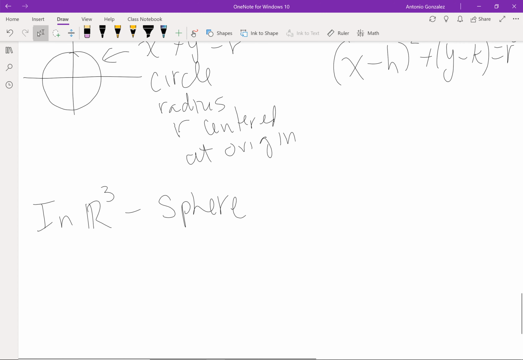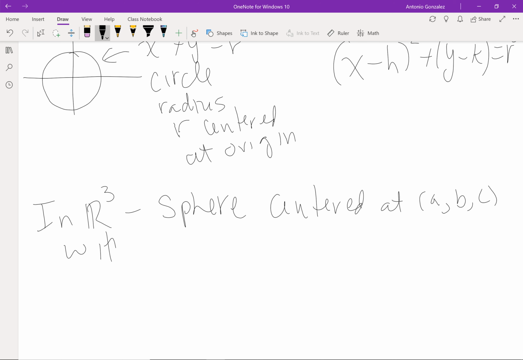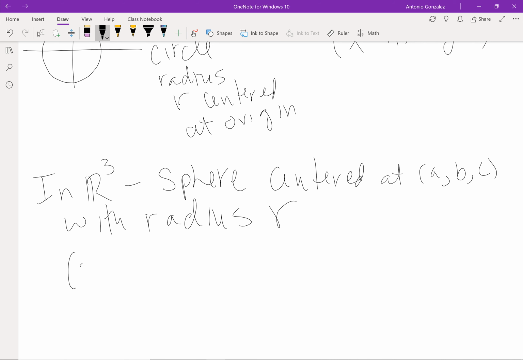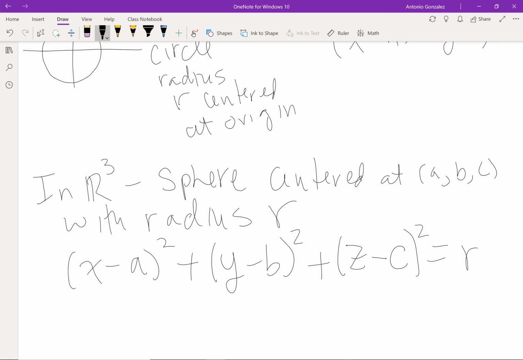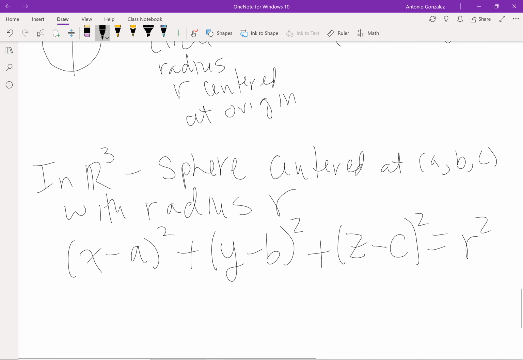So a sphere centered at (a, b, c) with radius r has equation (x minus a) squared plus (y minus b) squared plus (z minus c) squared equals r squared.